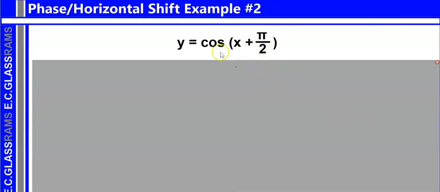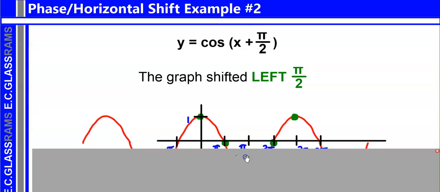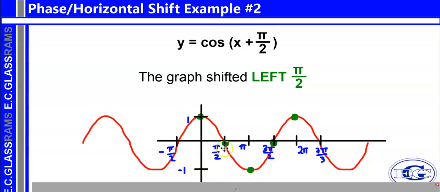Now this one is cosine of x plus pi over 2. So I can just say by looking at it that it shifted left pi over 2. Okay? So if I go to my graph, again, you can assume that these intervals, like in the previous example, are already laid out for you. What you do first is identify the critical key points. This is cosine, so it's going to start high, then mid, then low, then mid, then high.